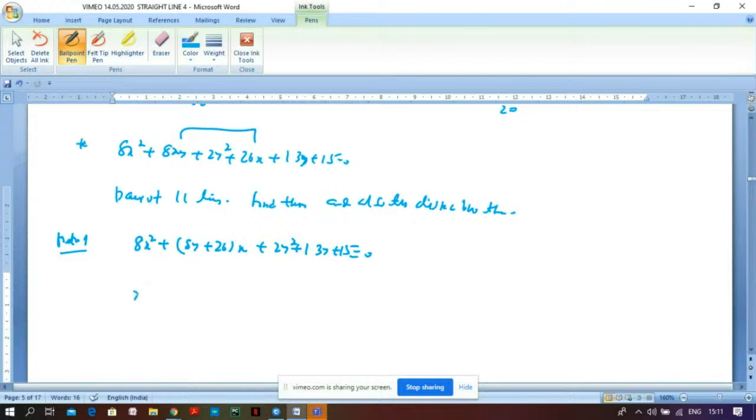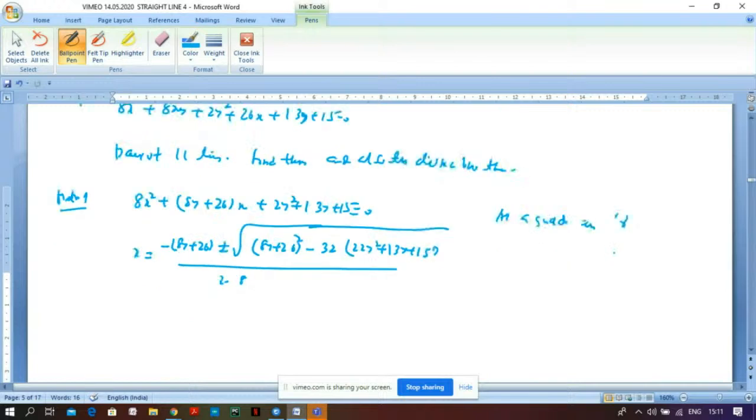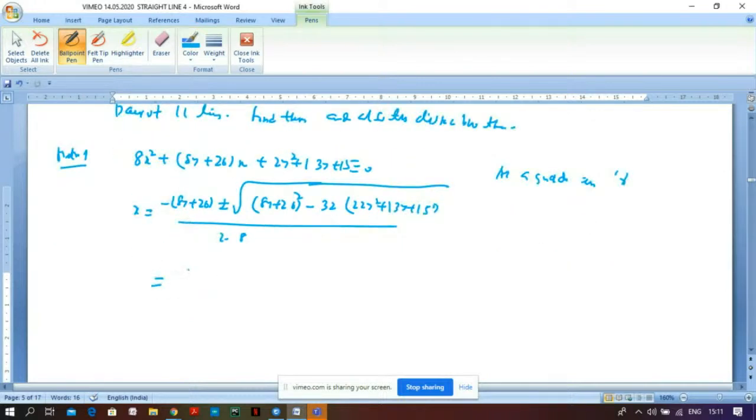So I can write x as negative of (8y plus 26) plus minus the square root of (8y plus 26) whole squared minus 32 times (2y squared plus 13y plus 15), over 2 times 8. This is arranging as a quadratic in x, that we have done. So let's see how we get it. Then I'll tell you one more method.